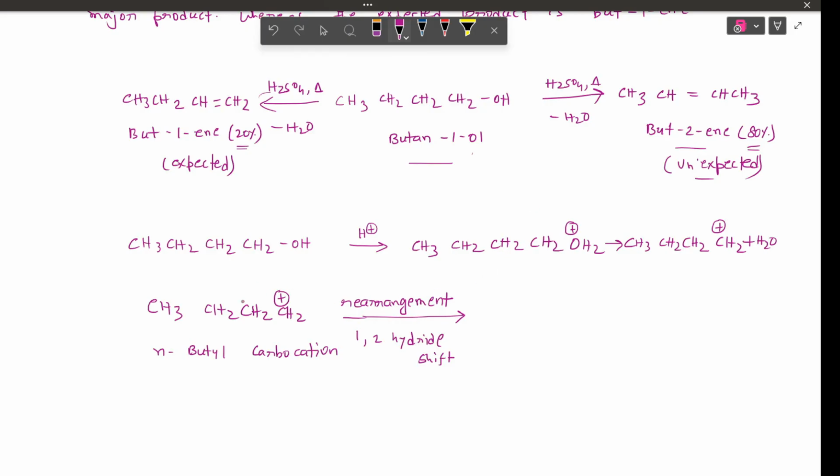So if the carbocation goes from one position to two position, it will be more stable because in that case it will be a secondary carbocation, CH3, CH2, CH plus, CH3. This is the secondary butyl carbocation.